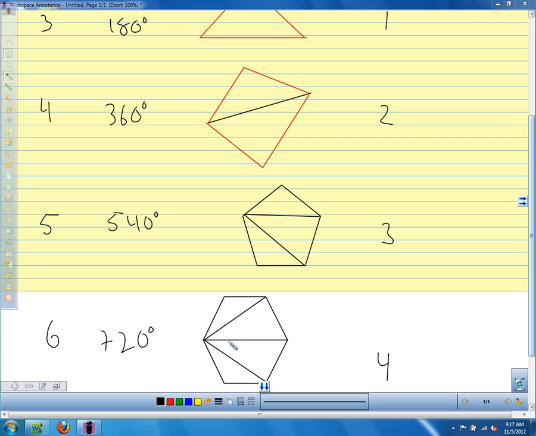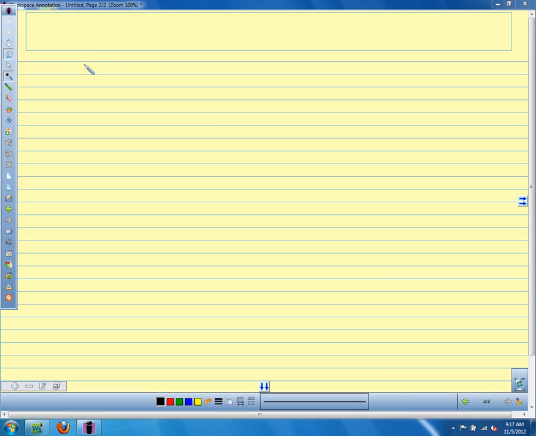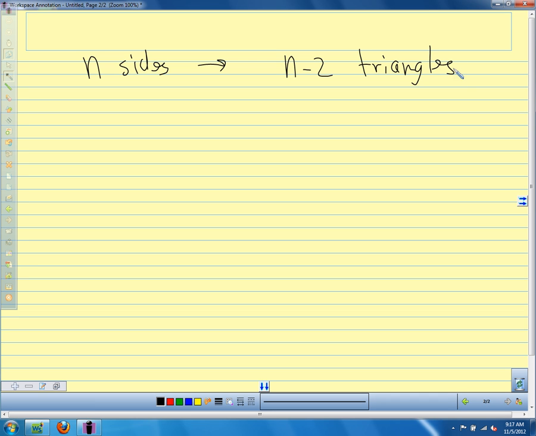So our pattern is the number of triangles is 2 less than the number of sides. So if I have n sides, I get n minus 2 triangles, 2 less.